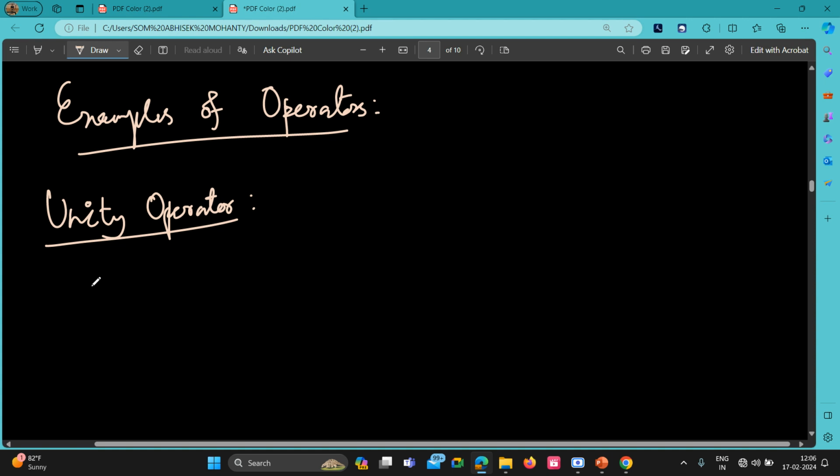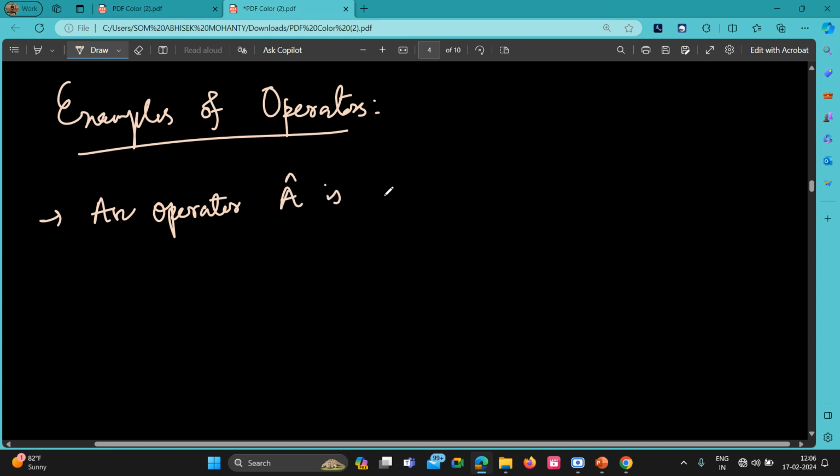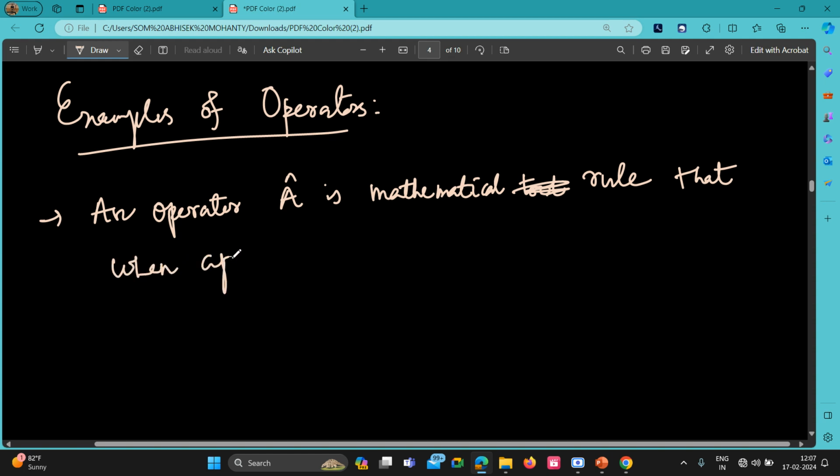Okay, first of all, what is an operator? An operator A is a mathematical rule that when applied to a ket psi transforms it into another ket psi dash of the same space.